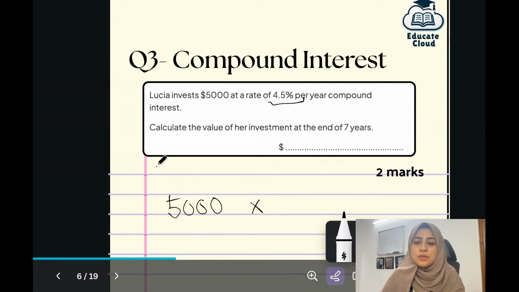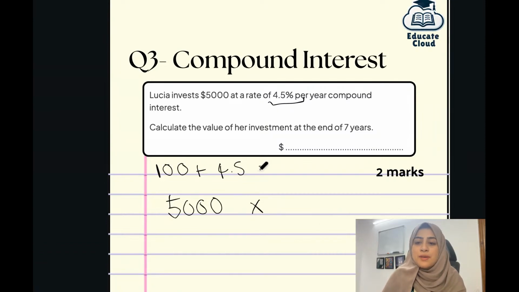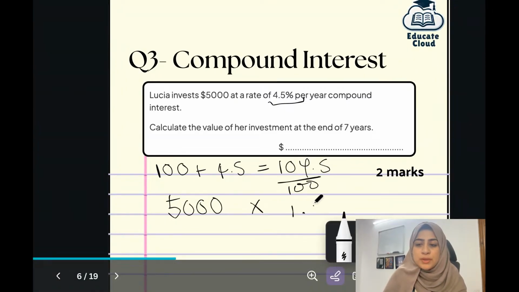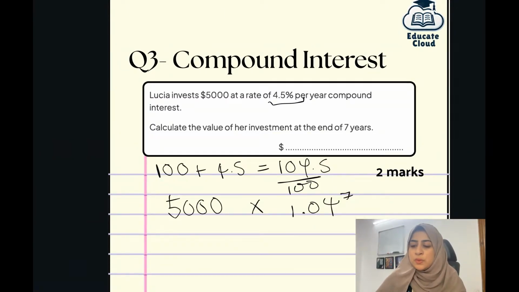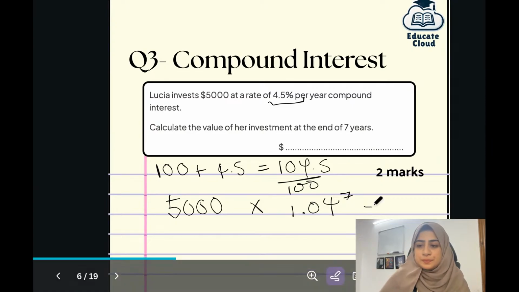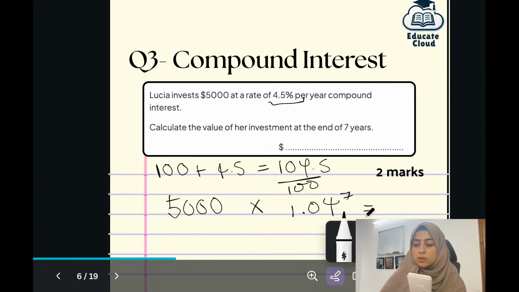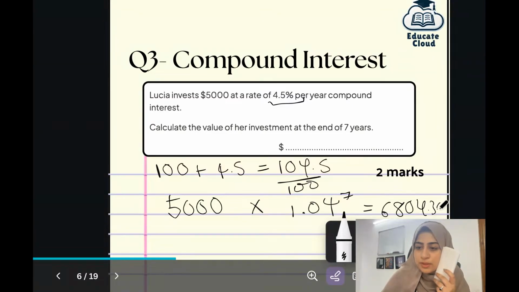To find the multiplier, we do 100 add 4.5, so that is 104.5% over 100, which is 1.045, to the power of 7. When we do that, we get 6,804.309, and that is our answer for 2 marks.